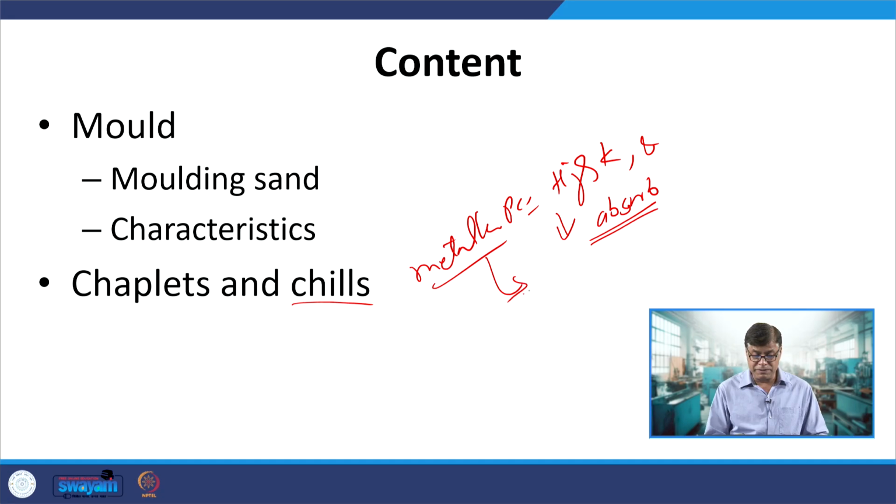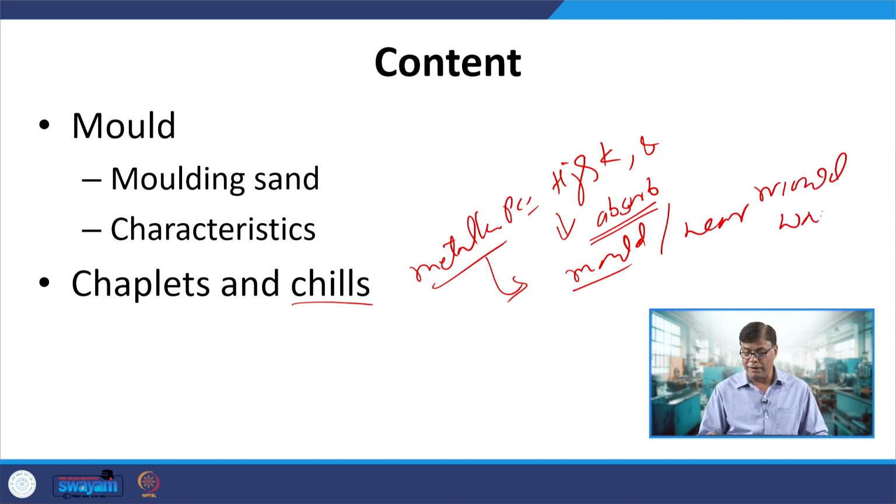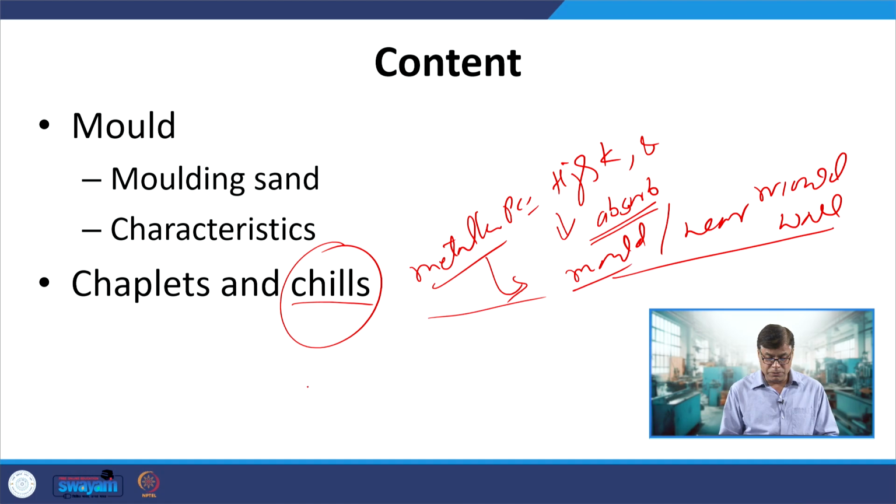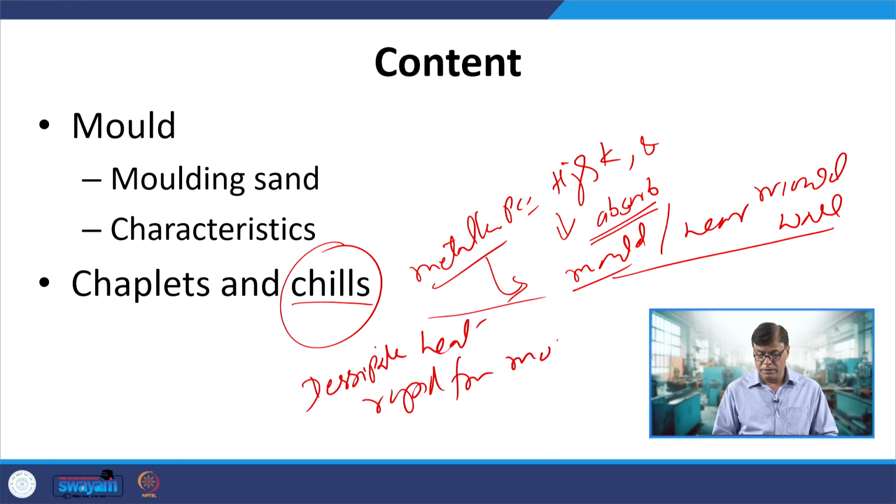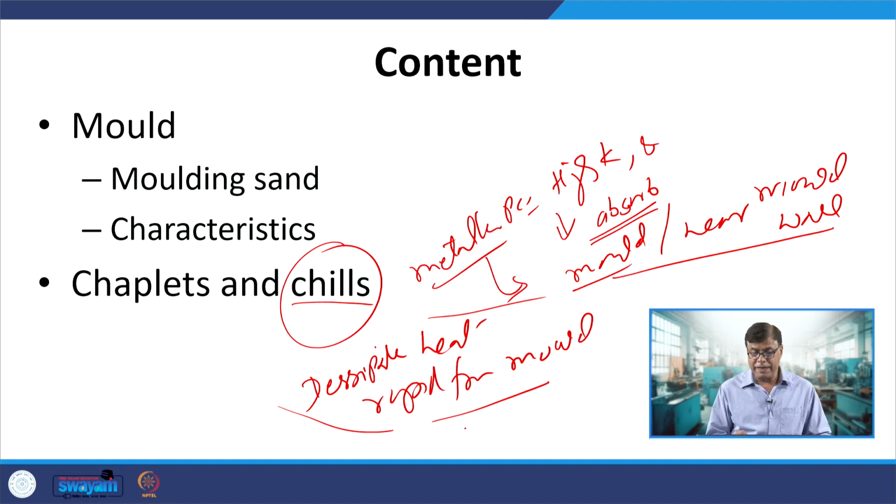The idea behind the use of chills is that these can be used in the mold or near the mold wall. As the name suggests, these help to dissipate heat rapidly from the mold. When this heat dissipation is facilitated with the help of chills, it helps in developing the suitable temperature gradient to realize directional solidification and develop the sound casting.